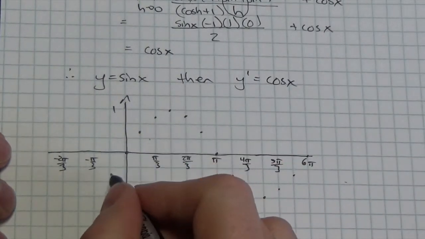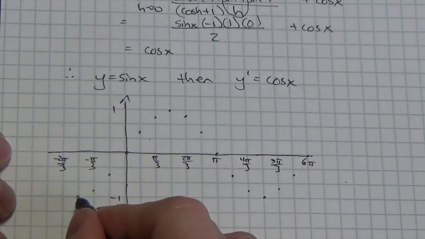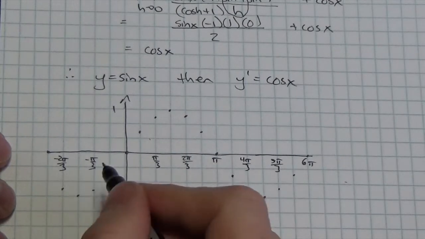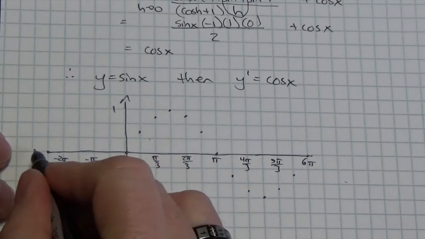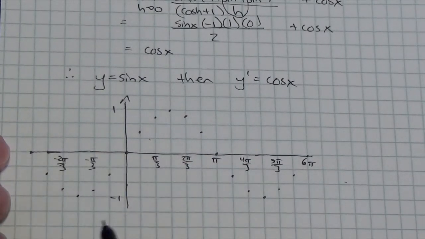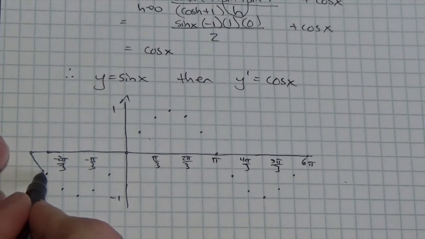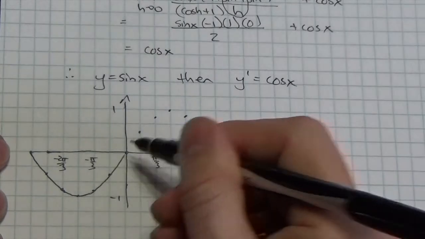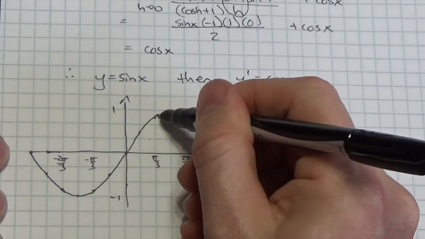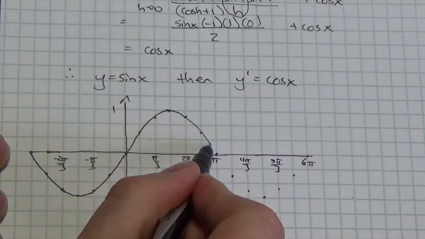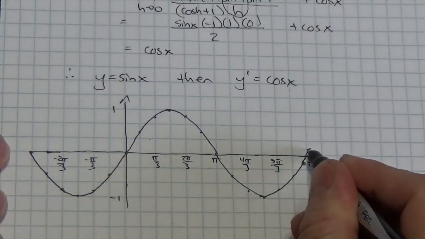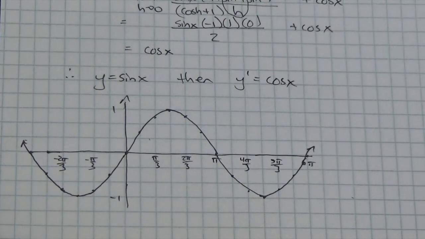And then if I walk this back a little bit, my graph's going to go something like this, and then down. Okay, so my sine graph would look something like this. There we go. I've done worse. There's our sine graph.